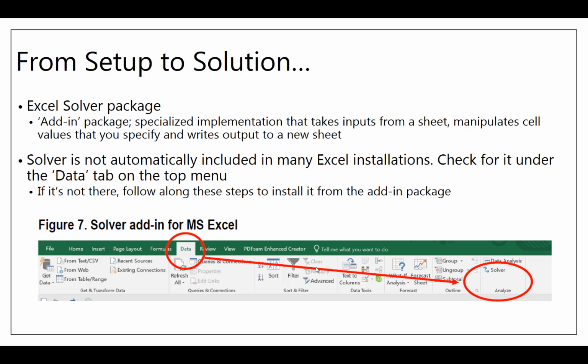So it turns out Excel does have that. It's called the Solver package. It's an add-in. So when whoever installed Microsoft Office on the machine you're using right now did that, there's a fair chance that they did a standard installation. When Excel installs under the standard setting, and you don't use custom settings, it puts in what people use the most, and it doesn't put in the add-ins, but they are sitting there.